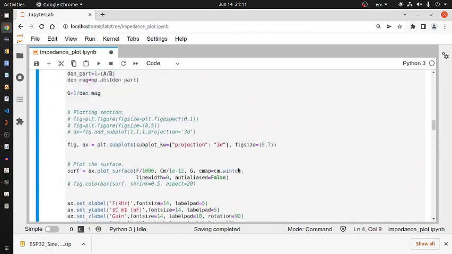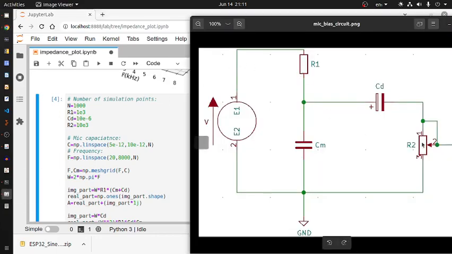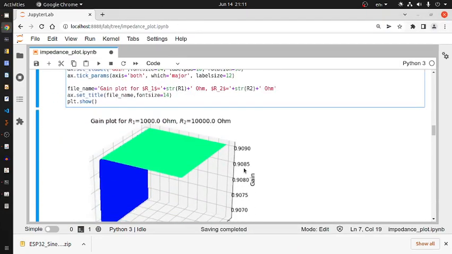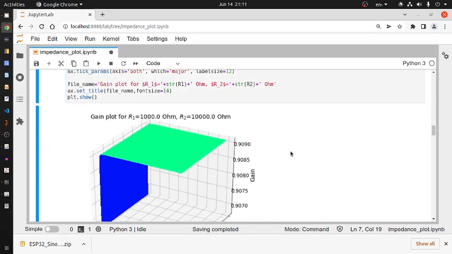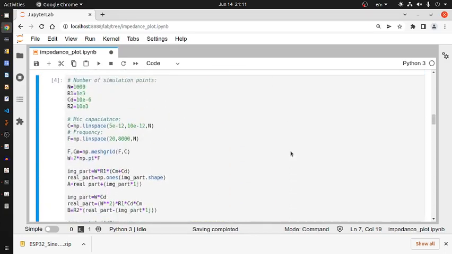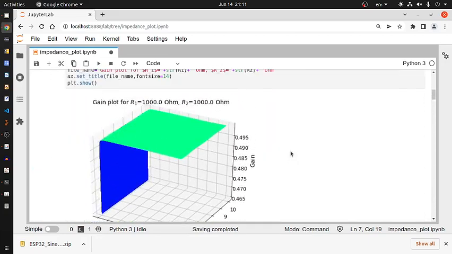Yes, this is interesting: if R1 is 1k and R2 equals 10k, effectively the gain increases, and you would have almost the same output as the biasing of this particular circuit. So in this way we can simulate, and finally we can choose our resistance combinations. So this is all about this particular presentation.